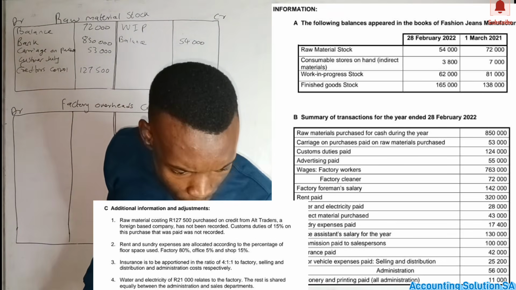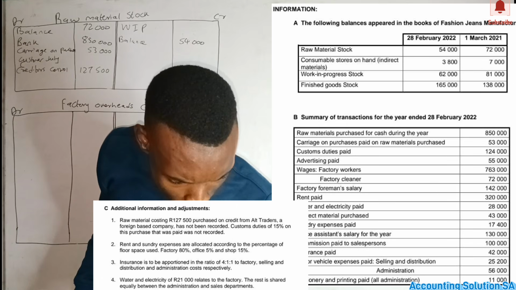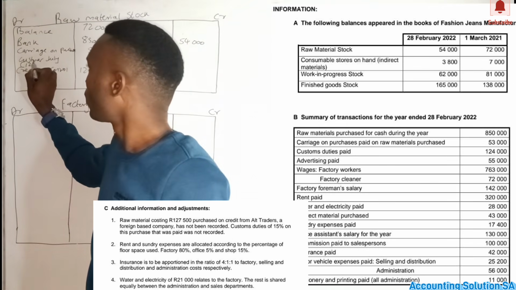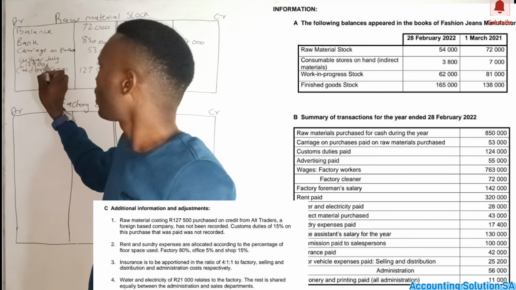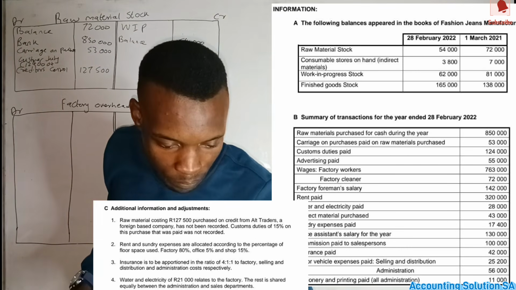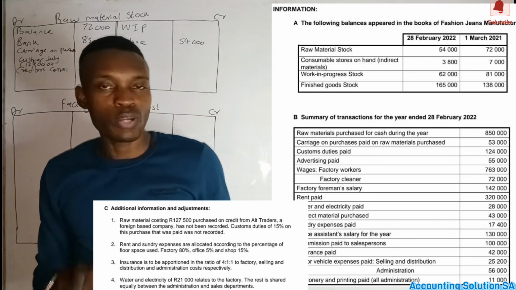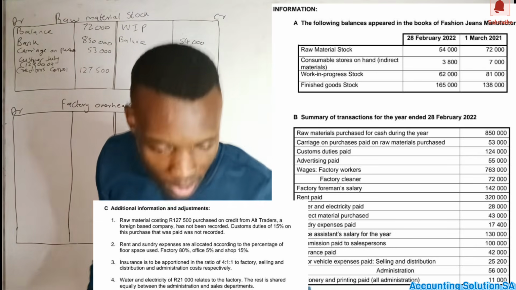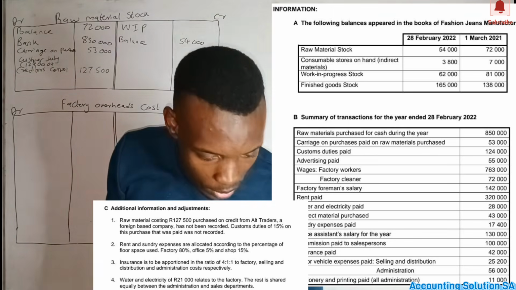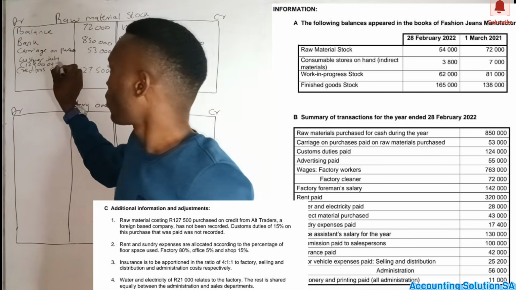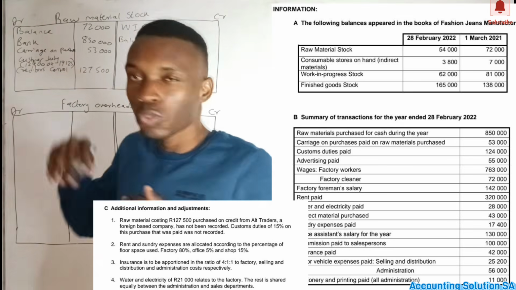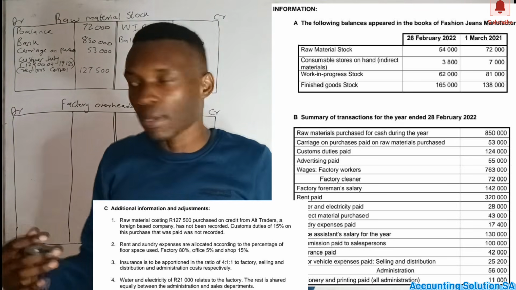The first one, the amount was 124,000 plus the one that we have to calculate. 15% of 127,500 is going to give us 19,125. You have to show this calculation so that you can get full marks.